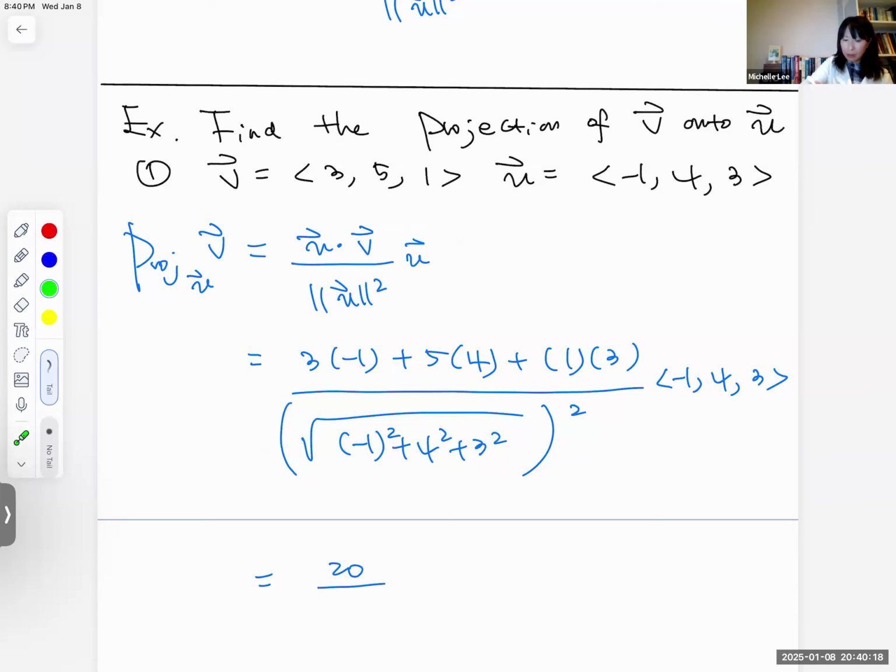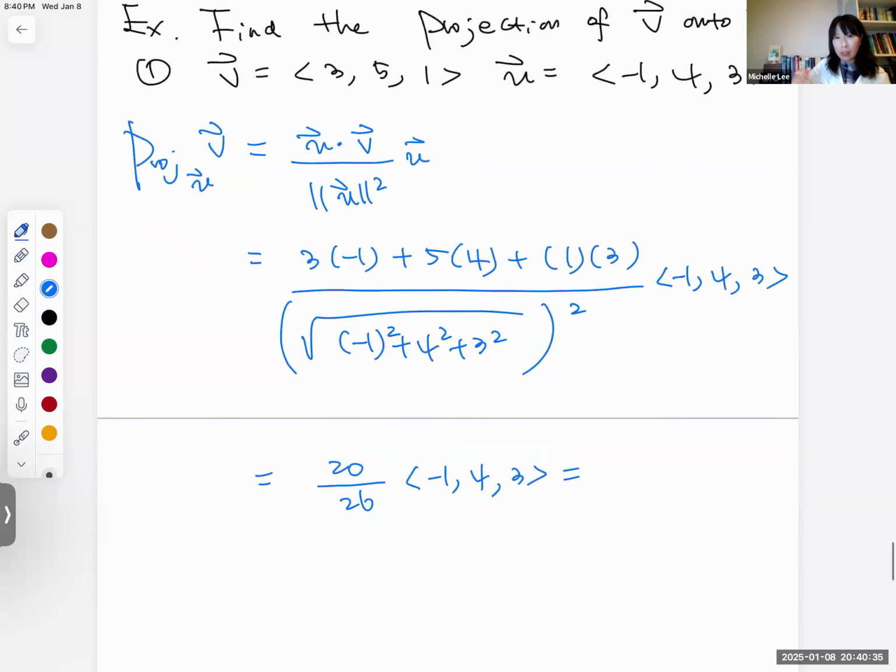Inside we get 26, and then we have (-1, 4, 3). Then we distribute, giving -20 over 26.